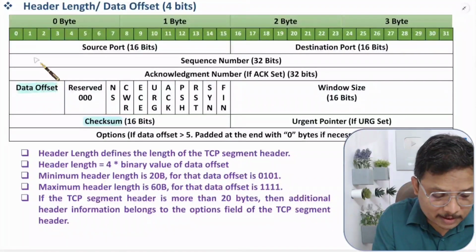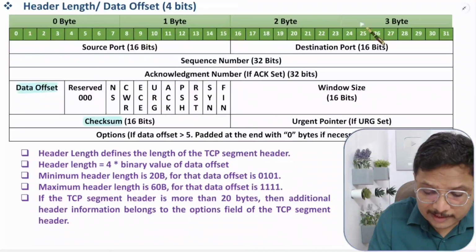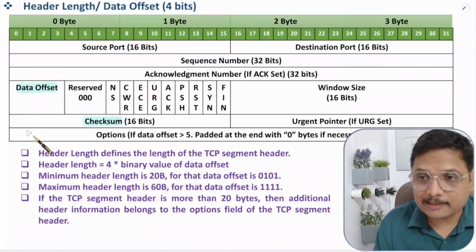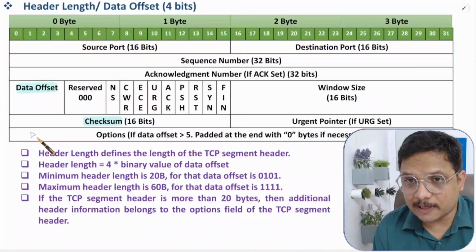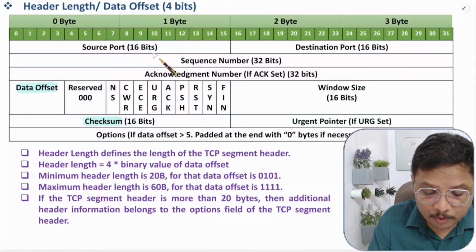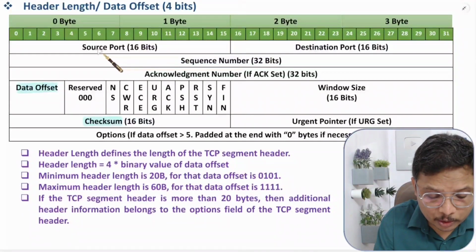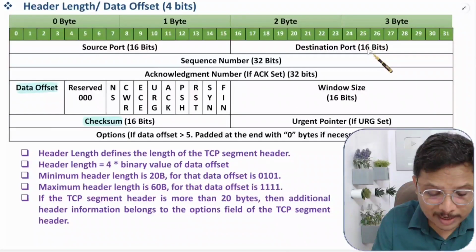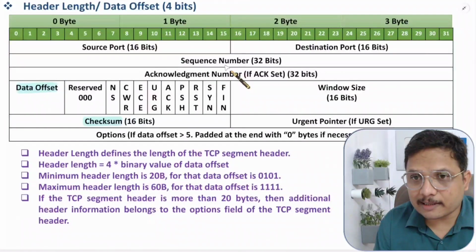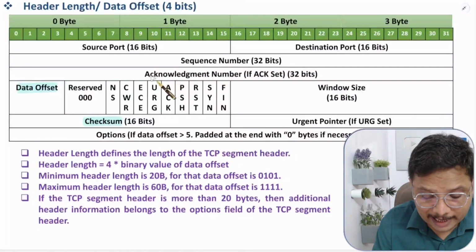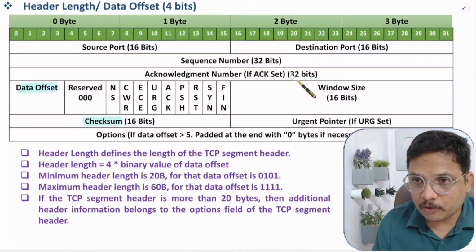If you observe this header of TCP, then in that you see there are some mandatory fields. Those are compulsory. Like you see source port and destination port. That is having size of 2 bytes and 2 bytes, in total 4 bytes. Then sequence number is there, that is having size of 4 bytes. Then acknowledgement number is there, that is having size of 4 bytes.